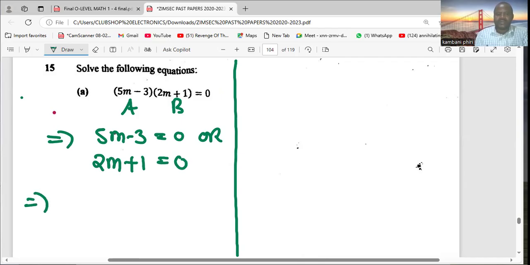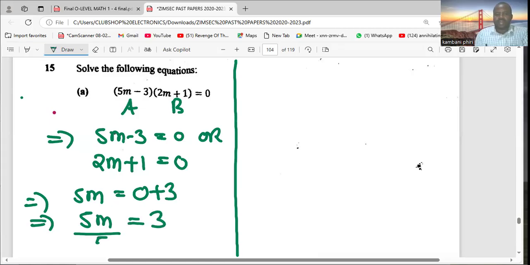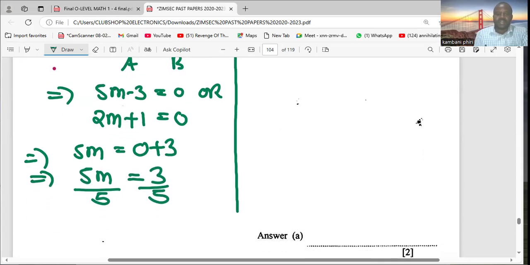This implies that 5m will be equal to 0 plus 3. Therefore, 5m is equal to 3. Thus, m, when we divide by 5 both sides, our m will be equal to 3 over 5.